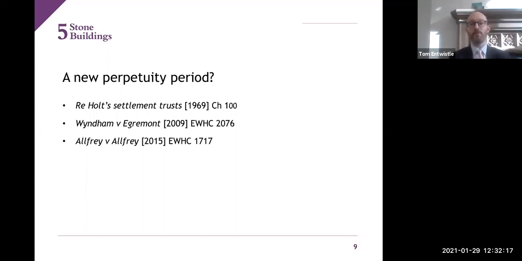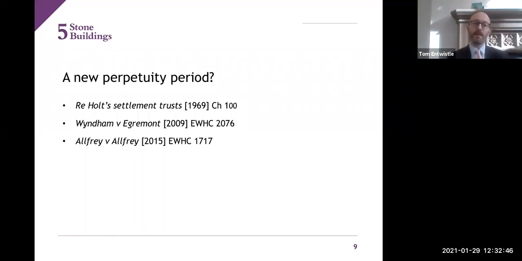Helpfully, in both cases, the court said that the order would not amount to a resettlement. It would only be a variation of the sort authorised by the Variation Act. And in fact, in all three, it seems that HMRC had already indicated before the hearing that it accepted that any order that the court made would be a variation rather than a resettlement.